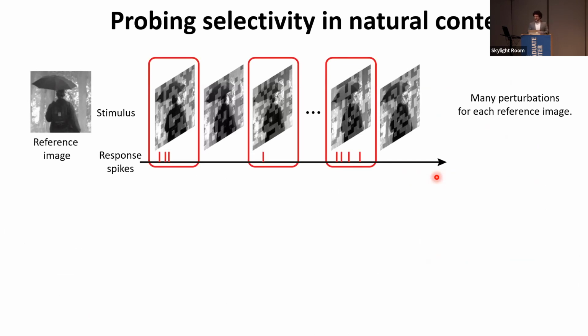We did this in mouse and salamander, and you dissect it, you place it on a multi-electrode array, and you project your image, your stimulus, on the retina at the photoreceptor level, and then you record the response of the output neurons of the retina. The retina is organized in layers of neurons, and the last layer of neurons is the ganglion cell layer, and these are the neurons that with their axons compose the optic nerve that goes directly to the brain, and we record from there.